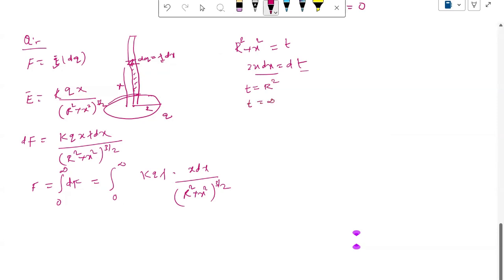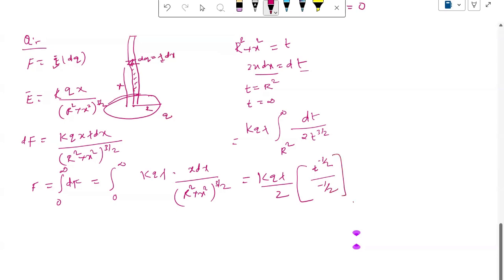So now substitute in the integral K Q lambda from r square to infinity. Here x dx equals dt by 2. Therefore, dt by 2 into t power 3 by 2. Now integrate using the power formula: that equals K Q lambda by 2, integrating t power minus 1 by 2 by minus 1 by 2, from r square to infinity.